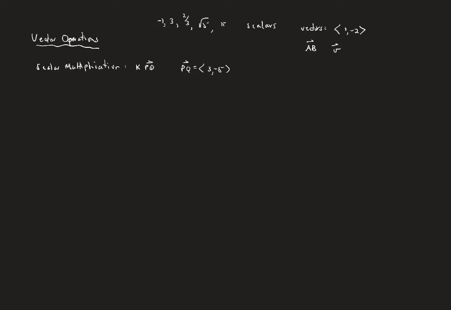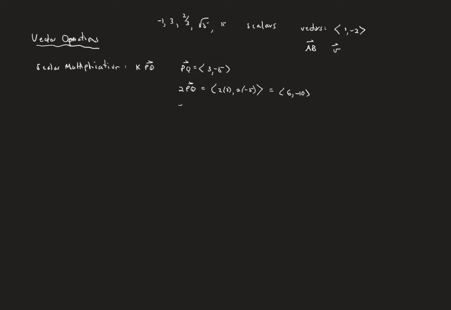Then scalar multiplication might be something like 2 times the vector pq, which means we're going to multiply both of the components by 2. And so that would create a new vector, which would be 6, comma, -10. So that is the vector 2 times pq.